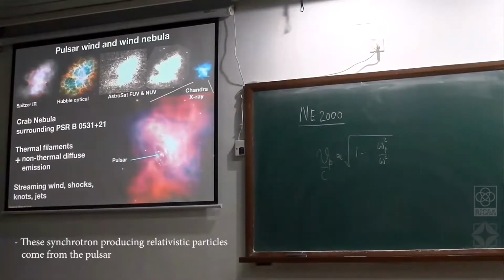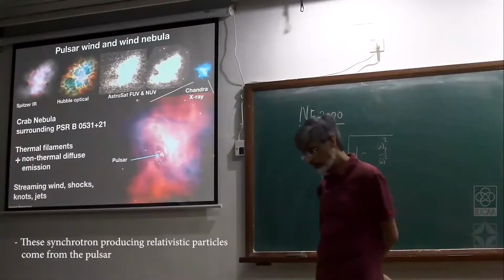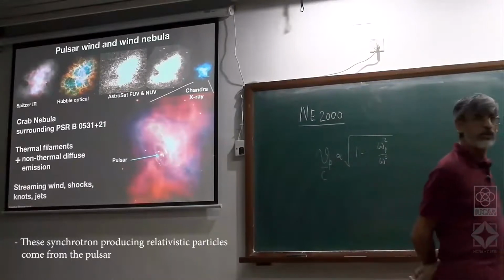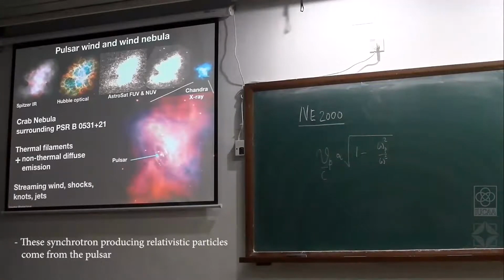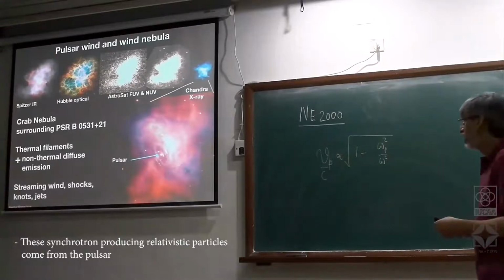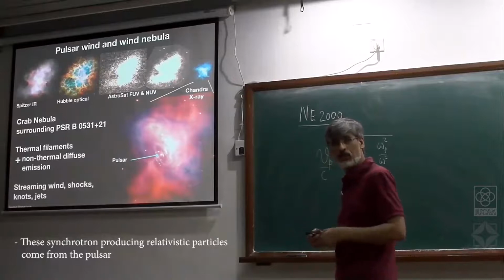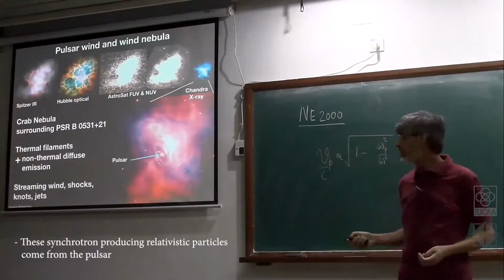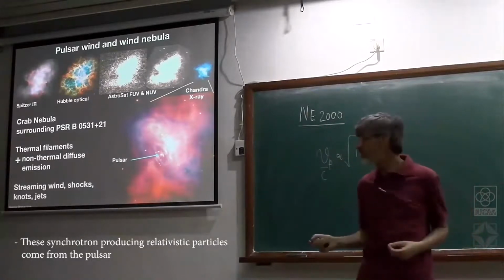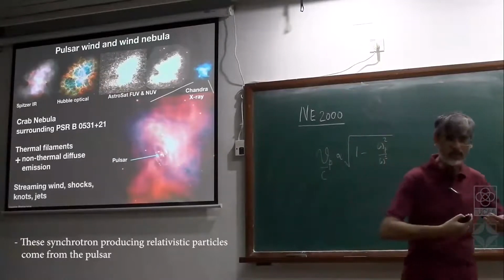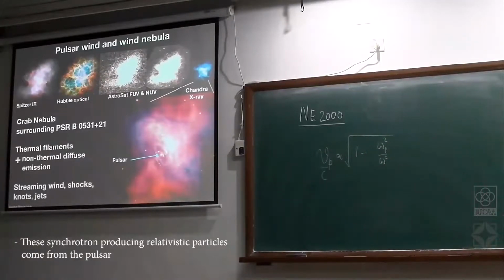And there are also two jet-like structures. So this gives you an indication of how particles are flowing into the nebula. It's clearly flowing from the center, which is where the pulsar is, and then spreading away from the pulsar, and then finally filling the entire nebular volume.